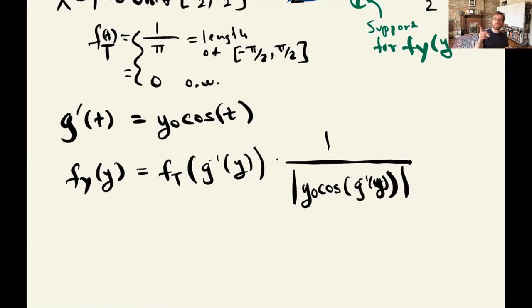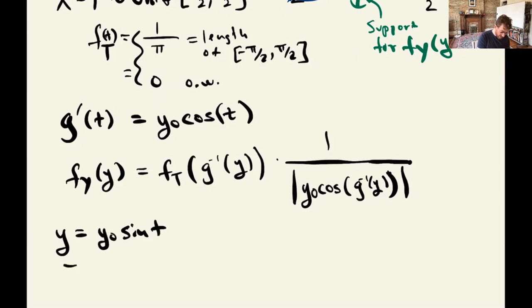All this is telling you is what's the point in time that we end up getting that value t, g inverse of y. And that's actually relatively easy to solve. So remember, y equals y naught times sine of t.